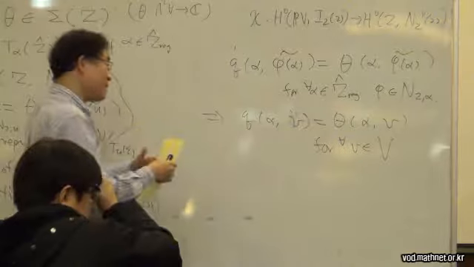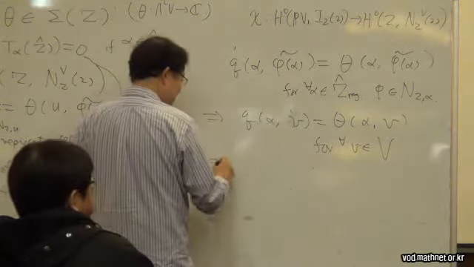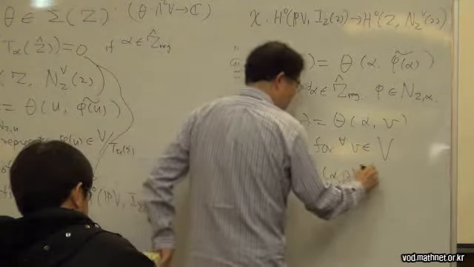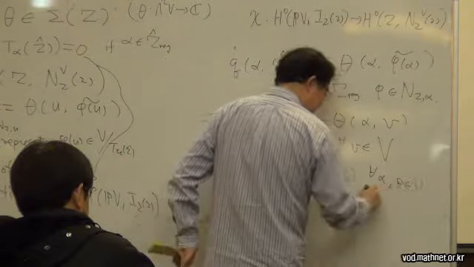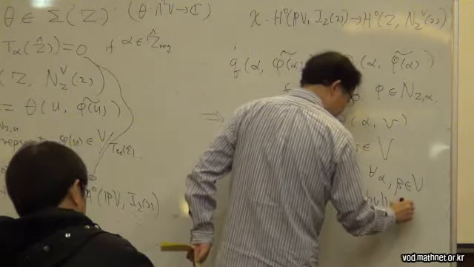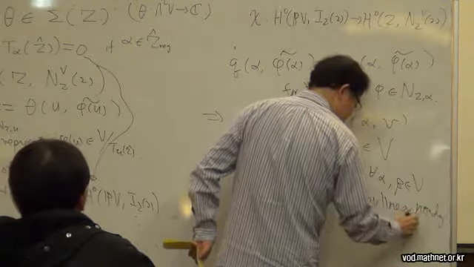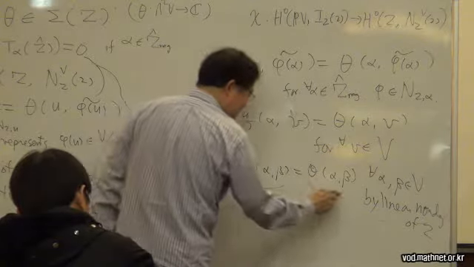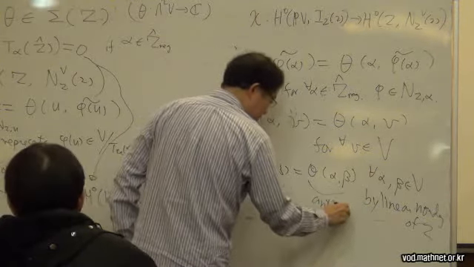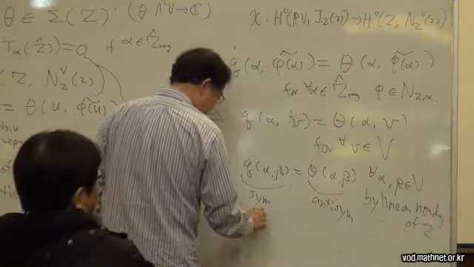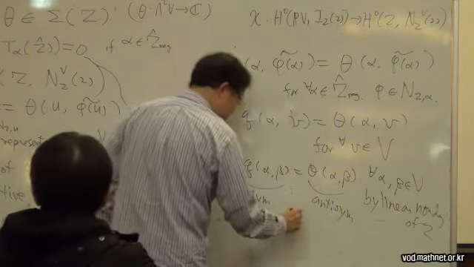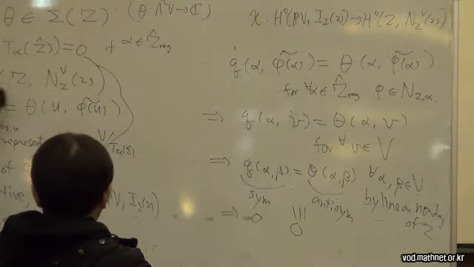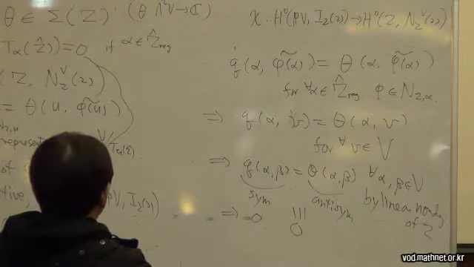But then this is a contradiction, because this means that Q(alpha, beta) is theta(alpha, beta) for all alpha, beta by linear non-degeneracy of Z. But Q is symmetric, and theta is anti-symmetric. This is a contradiction. So this means that theta must be 0, identically. So that shows tangential non-degeneracy.